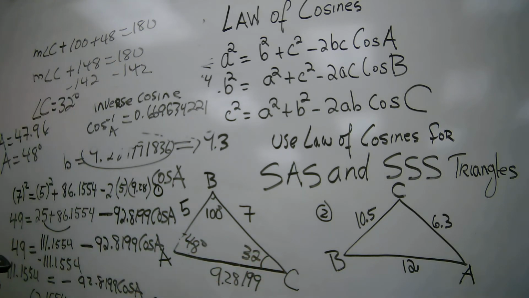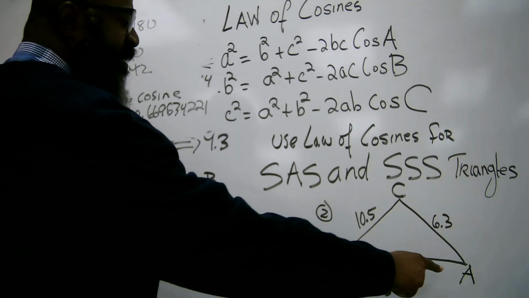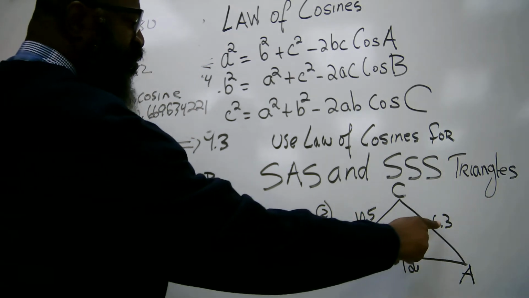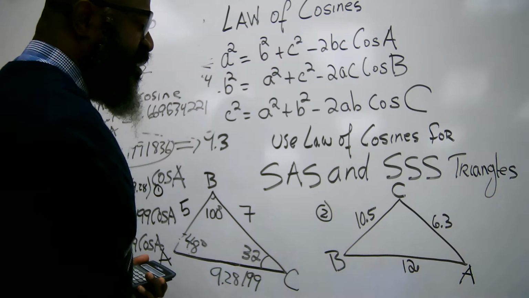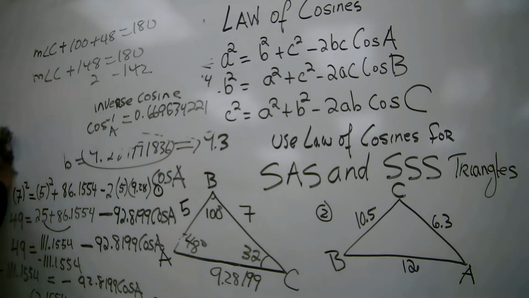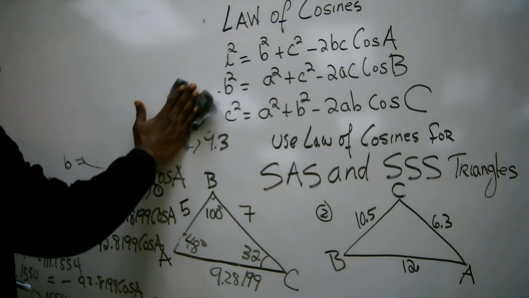So the second problem, they give you the information here. Alright, here they give you those three sides. A is 10.5, B is 6.3, and C is 12. So we're going to use law of cosines. We know the three sides.